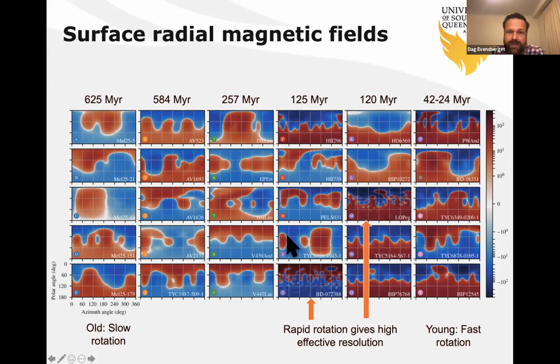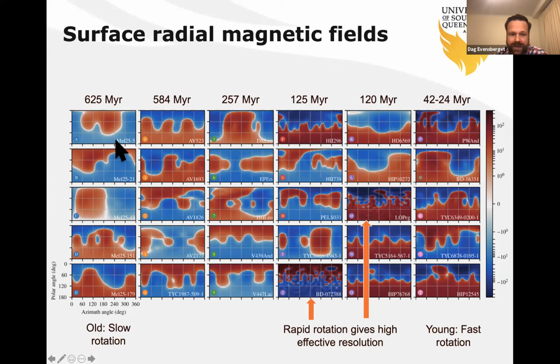Here are the surface radial magnetic fields found from Zeeman Doppler imaging. From the left to the right, we have progressively younger stars, and also from the top to the bottom when they don't fill up an entire column here.